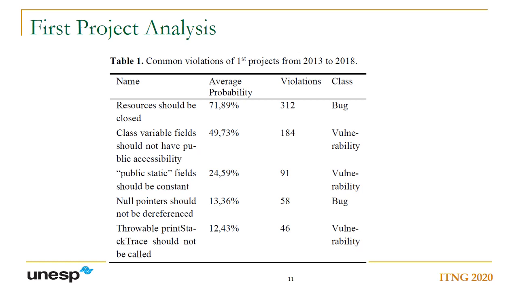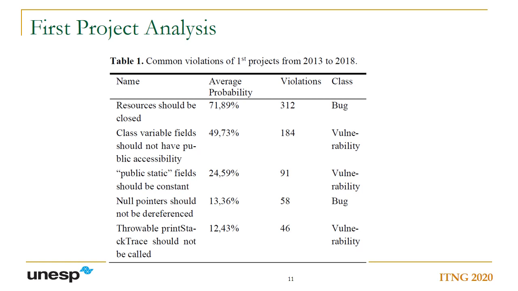The fourth position is a null pointer violation, because even though the project is simple, there are few declarations of variables and the students are not used to checking the pointers. The throwable print stack should not be called violation occupies the 5th position in the table. It occurs because, according to the Sonar cube, students must use a logger instead of print stack trace.